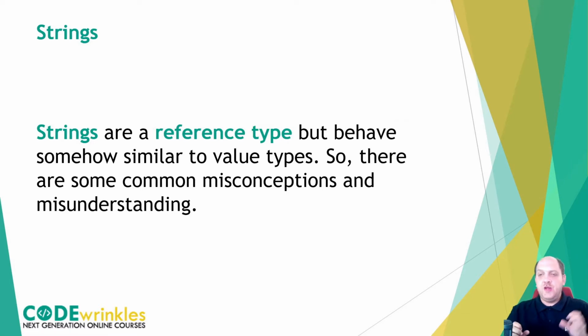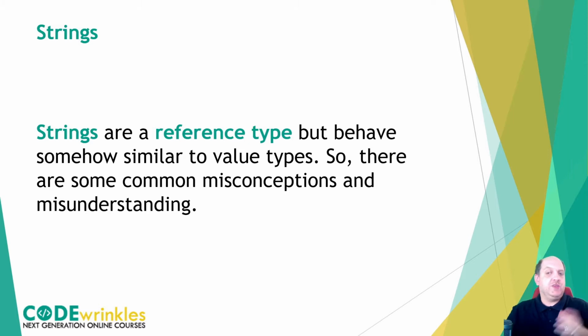So the first very important thing is that strings actually are a reference type, but they might seem a little bit similar to value types. And why I say this is because, once again, at the early stage of a software developer's career, you might be tempted to say, hey, strings are very similar to integers, for instance, or similar to decimals or doubles or date times.